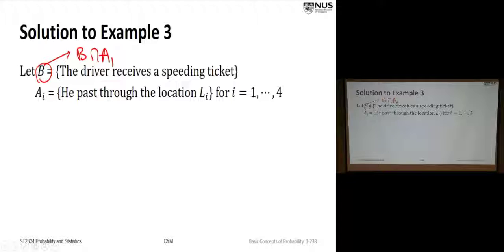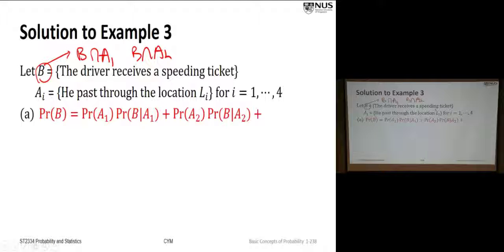He passed through this location. All right? And passing through the second location and so on. He received a ticket only when he passed through this location and he received the ticket. And when will he receive a ticket?